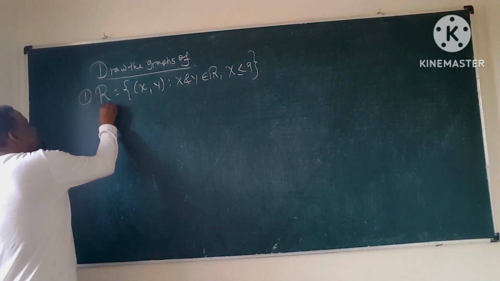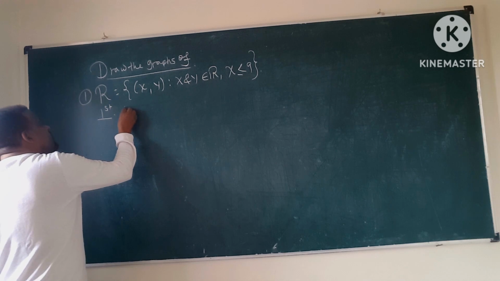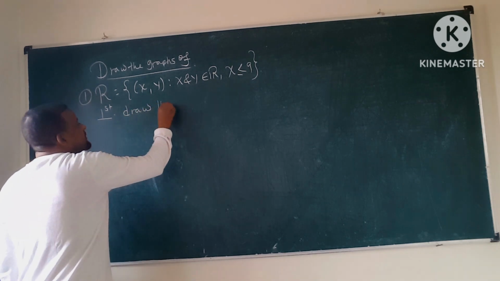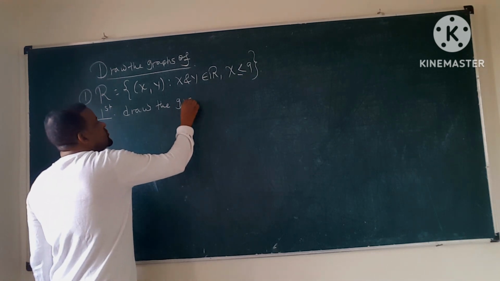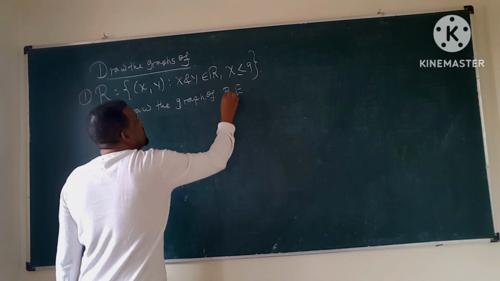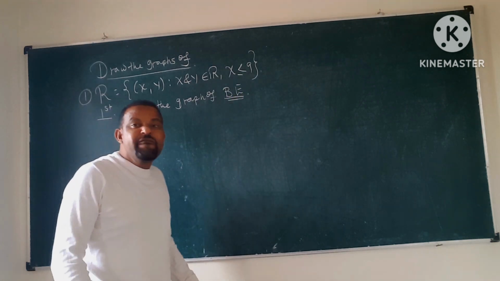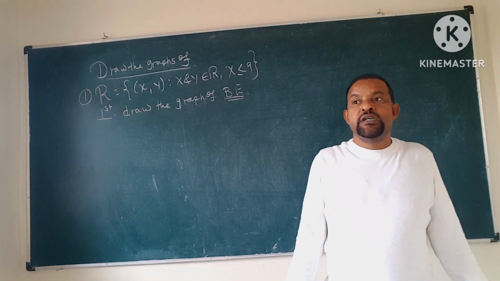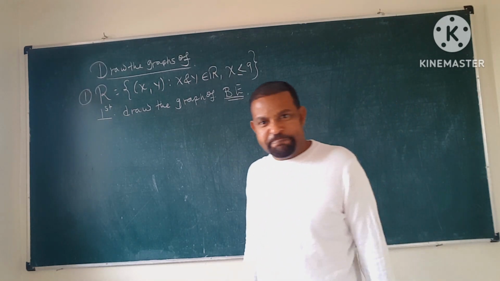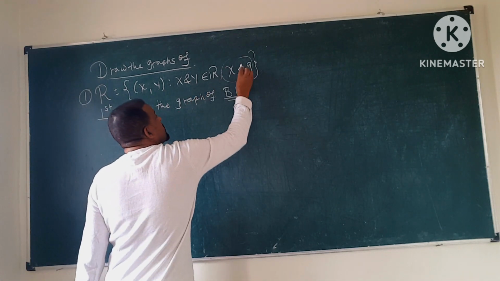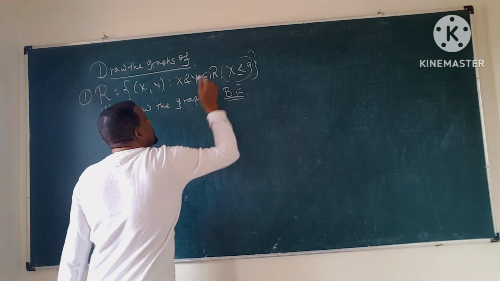So the first task is draw the graph of the boundary equations. Boundary equations are equations involving equality ማለት, የኩዋሊቲ ምልክት ያላቸው ናቸው. So what is the boundary equation for this one? Less and greater ከሆነ እኩል አድርገው መውሰድ.